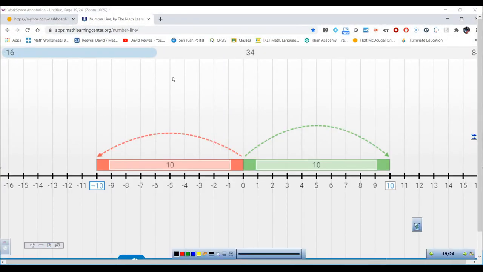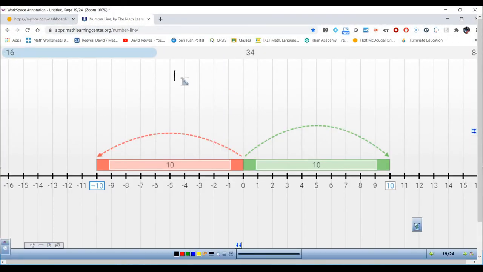So if I give you the problem, and this is how we do it algebraically, we say what has an absolute value of 10? Well, x can equal negative 10 or x can equal positive 10.